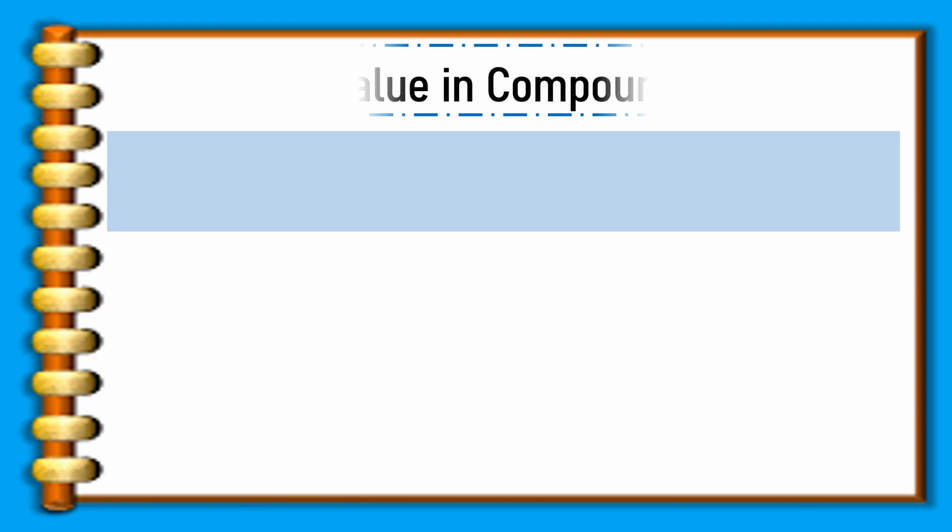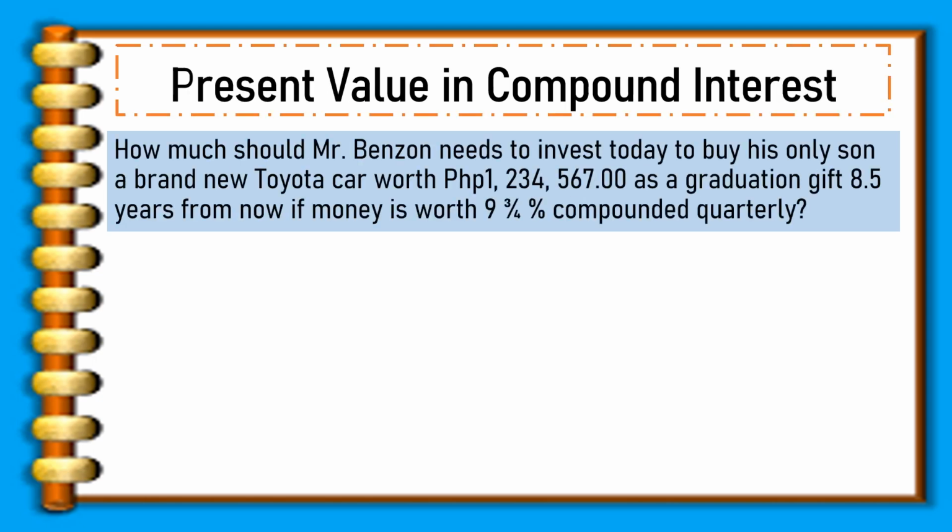Let us take this example. How much should Mr. Benson invest today to buy his only son a brand new Toyota car worth 1,234,567 pesos as a graduation gift 8.5 years from now if money is worth 9 3/4% compounded quarterly. Here are the given.